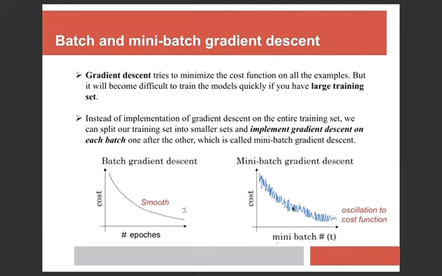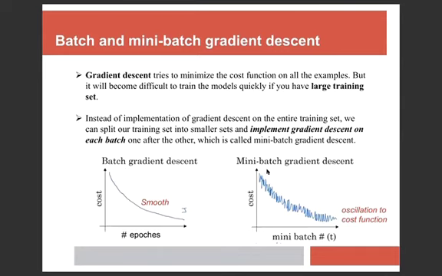So here, the most important thing is to select the batch size. If the size is too large, although it will descend smoothly, it will be very slow. However, if we choose the batch size very small, say 1, then each example will be a batch, and it becomes stochastic gradient descent.